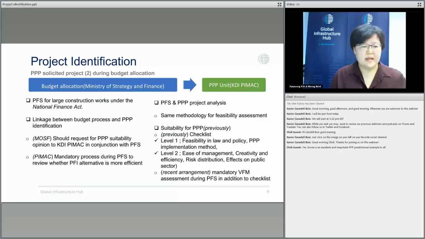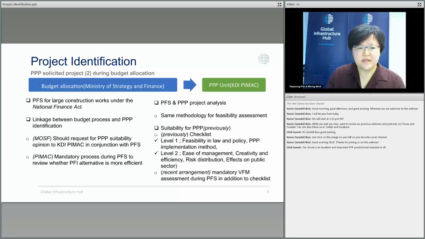So if the Ministry of Finance receives the budget allocation request from the line ministries, the Ministry of Finance should request a PPP suitability opinion from KDI-PIMAC. And as per the Ministry of Finance request, PIMAC mandatorily reviews the project's PPP suitability during the PFS.